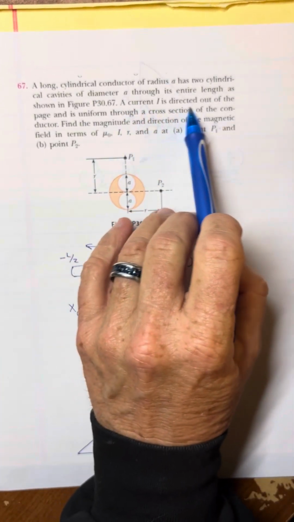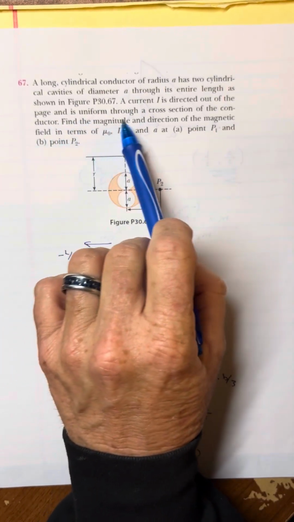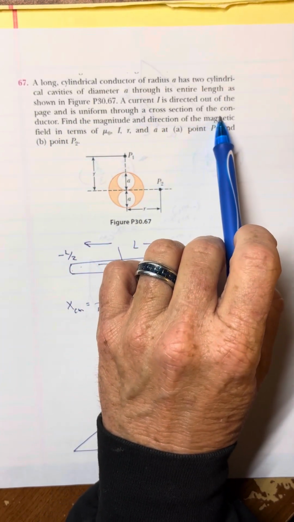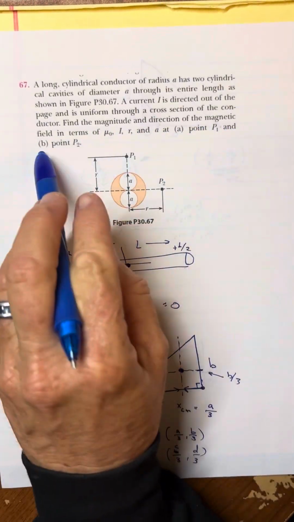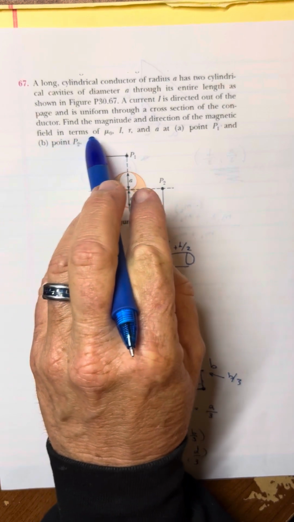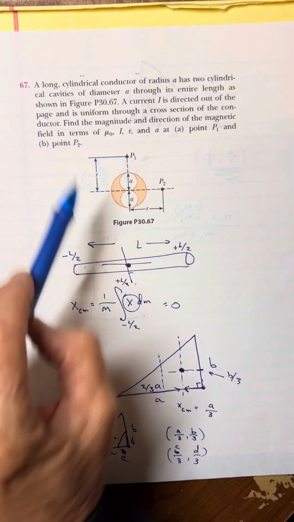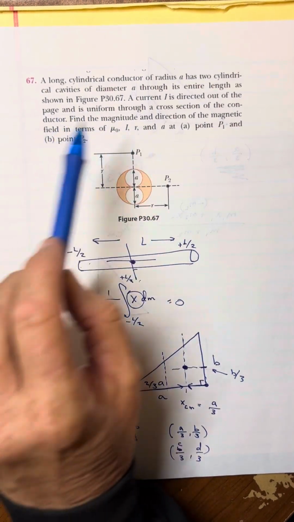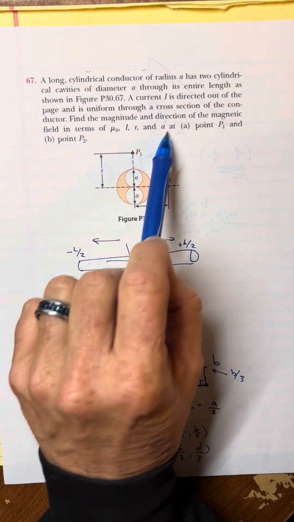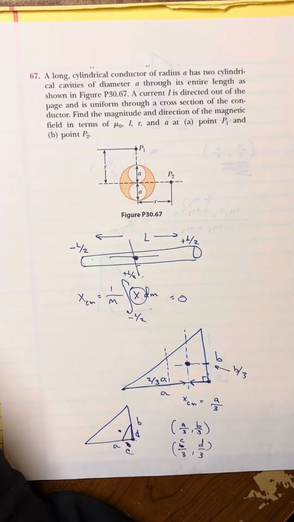A current of I is directed out of the page and is uniformly distributed through the cross section of the conductor. Find the magnitude and the direction of the magnetic field in terms of mu naught and I and R and A at points P1 and at points P2.